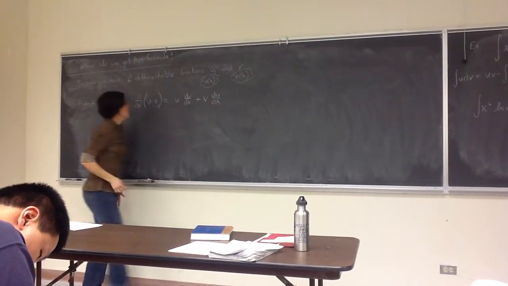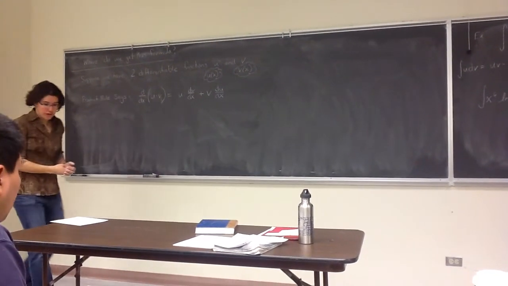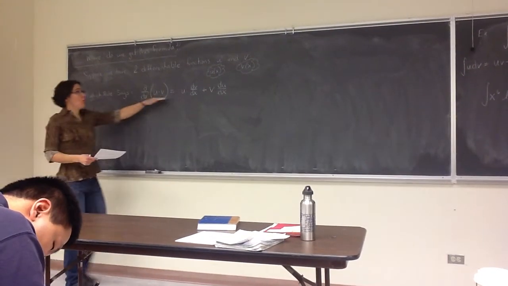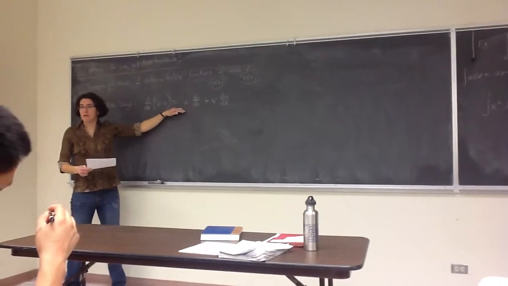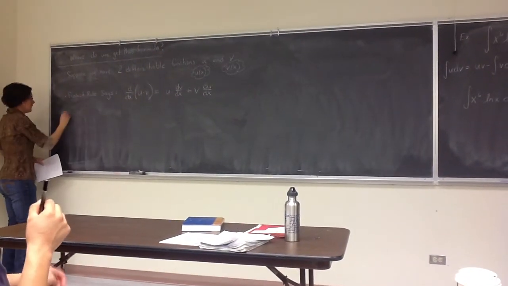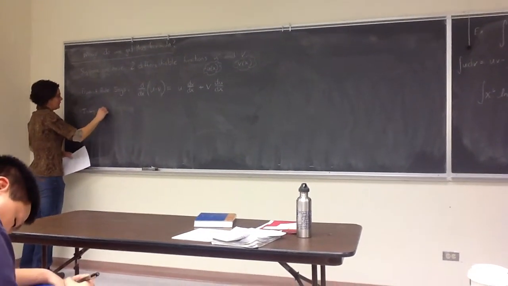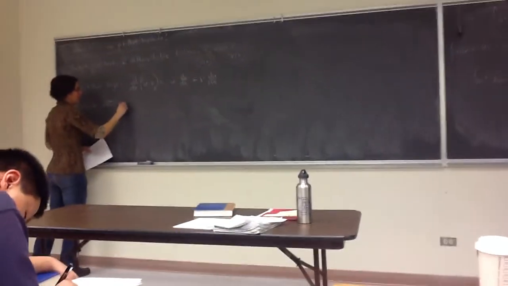Okay, so this is what the product rule says in this particular case. Now, what I'm going to do next is take this equation that tells us about the product rule, and integrate both sides with respect to x. So integrate with respect to, that's WRT, with respect to x.